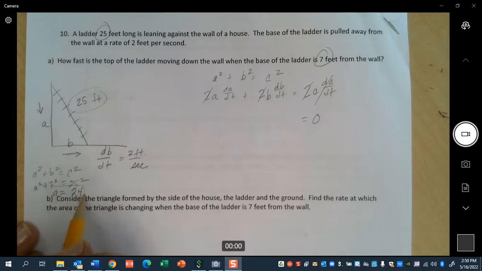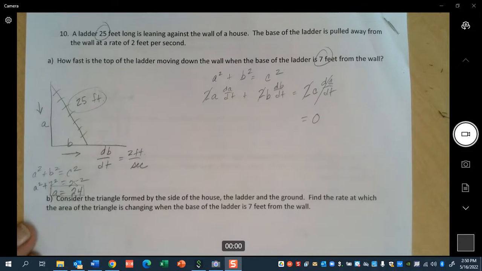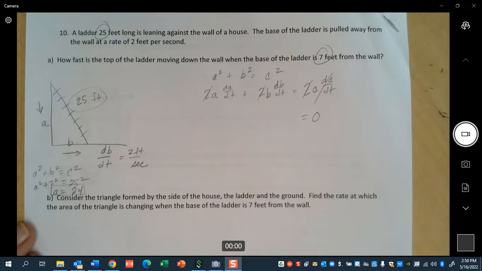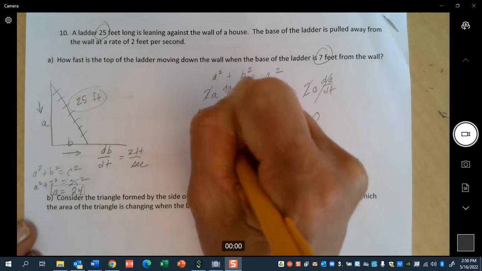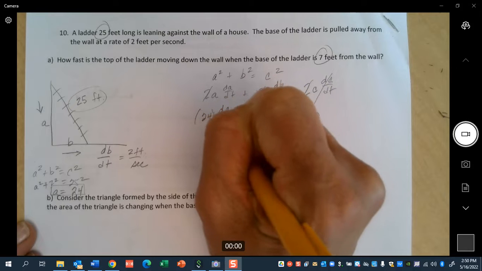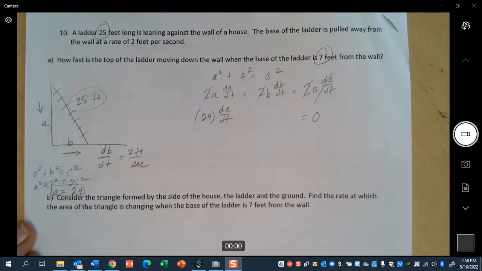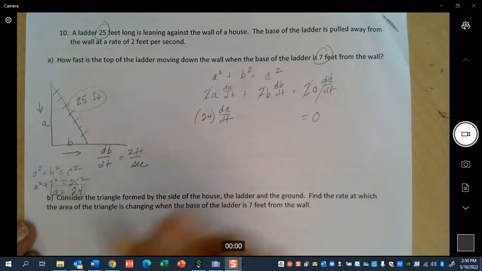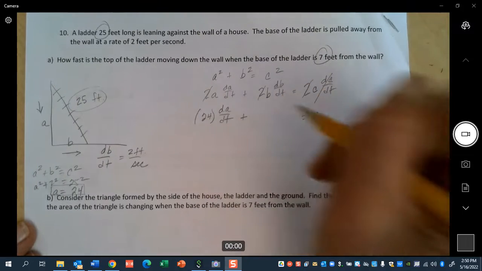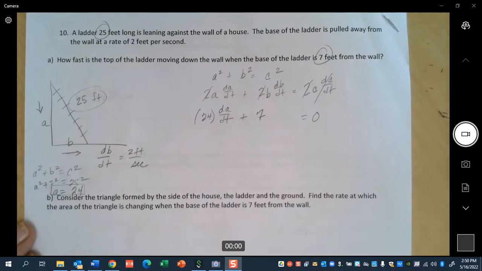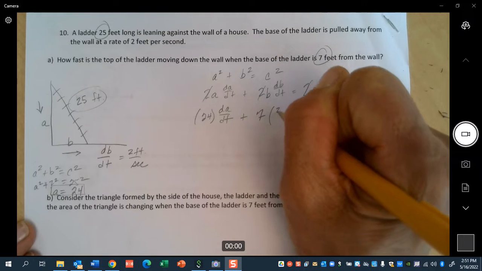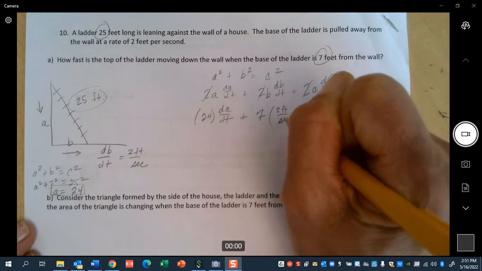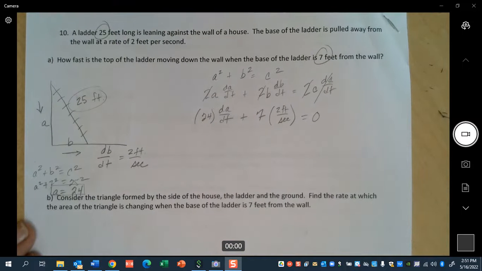And you've done enough of these that hopefully you recognize some of your Pythagorean triples. My a value is 24. My rate that it's sliding down the wall is what I'm looking for. At that moment, my b value is 7, and that's increasing at 2 feet per second.